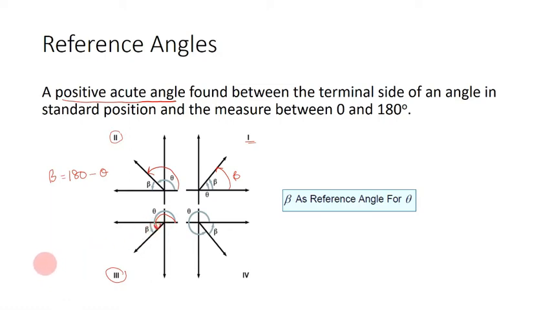Therefore, the reference angle beta is equivalent to theta minus 180 degree. And for the fourth quadrant, if we have an angle of theta, so the reference angle beta is equal to 360 minus theta.